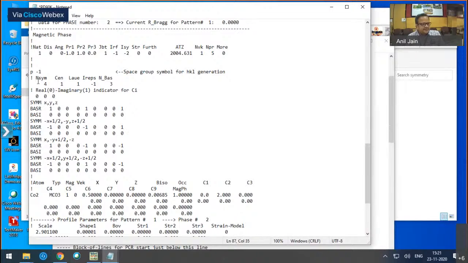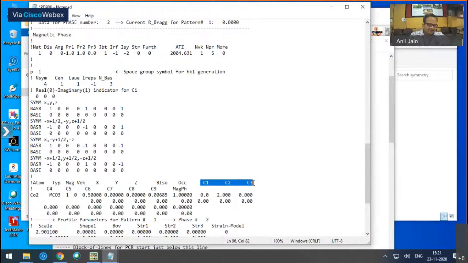Now what it is telling is that we have 4 symmetry operations, 1, 2, 3, 4. This is the information about the Lovey class, and n base 3 is telling me that I have 3 basis vectors. So it means I will need at least 3 coefficients for this magnetic structure.